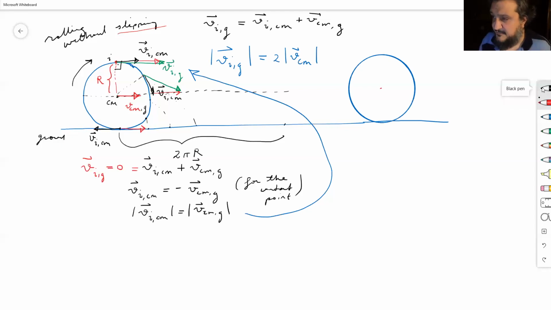I'm just going to call it V. If this point, which is R above the contact point, is moving to the right with speed V, right above it, we have this point here, which is 2R above the ground, and that is moving with speed equal to 2V. And then R below it, the contact point here, V is 0.